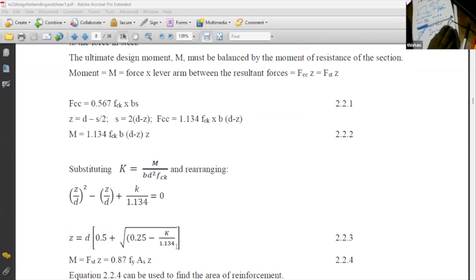That means if you know the moment acting on a section, the breadth of the section, the depth of the section, and the cover to the reinforcement, you can calculate the d value. The grade of concrete that you are going to use is known, 30 megapascal or 35 or 40 or 25 megapascal. So fck is known, effective depth is known, breadth of the section is known, so K is known.